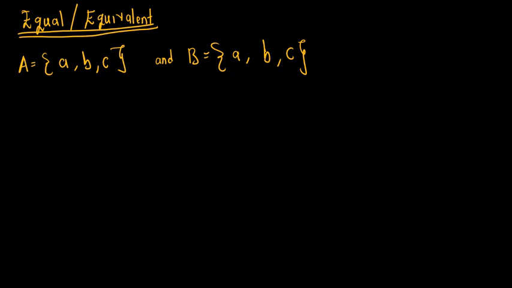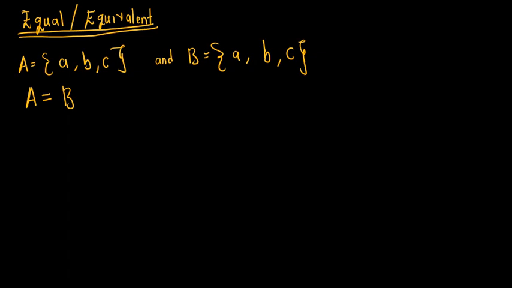So if all the members in A are the same members in B, and all the members in B are the same members in A, we say that A is equal to B.